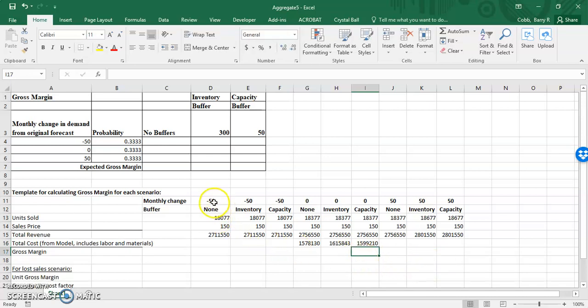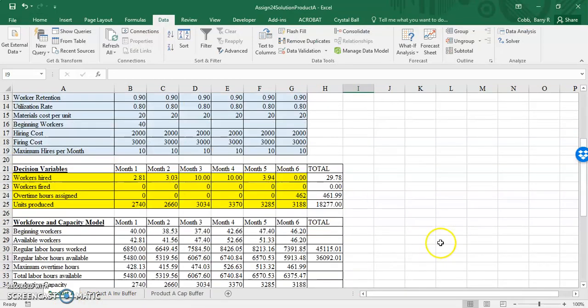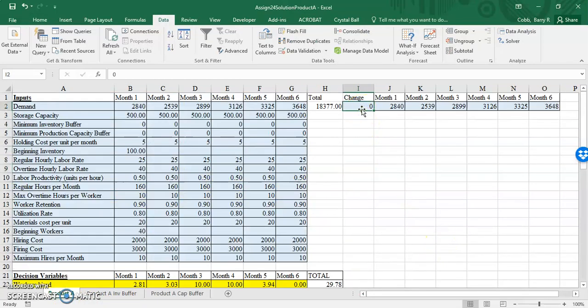Now we need to adjust these models in the case where there's a monthly change in demand of -50. Without any buffers, if we change demand by -50 each month, we see that the total goes down to 18,077.